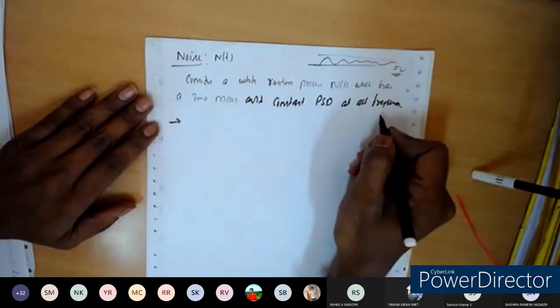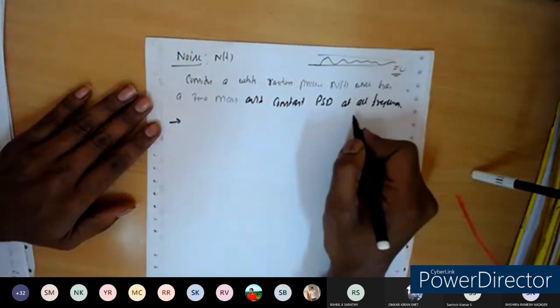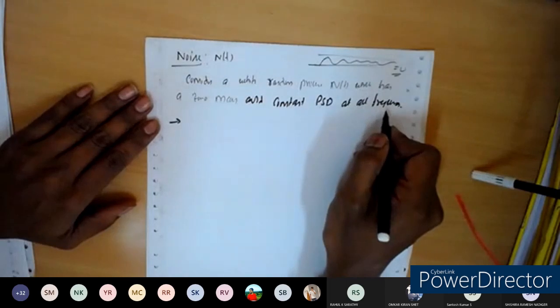Usually the power spectral density of this white noise will be constant.